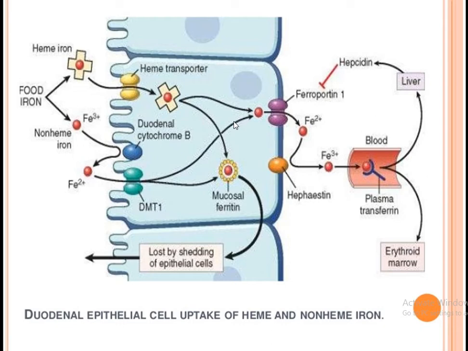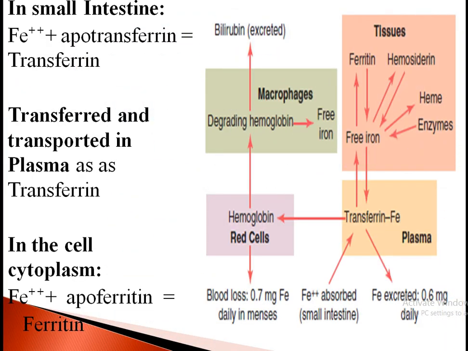In short, you can see this one. From the food, we are taking the iron. It may combine with the heme to form the heme molecule. Iron is going to be attached there to form the heme molecule, and this is the non-heme iron. Then it is transported to the brush border, from where it is coming inside the enterocytes. In short, this is the story.